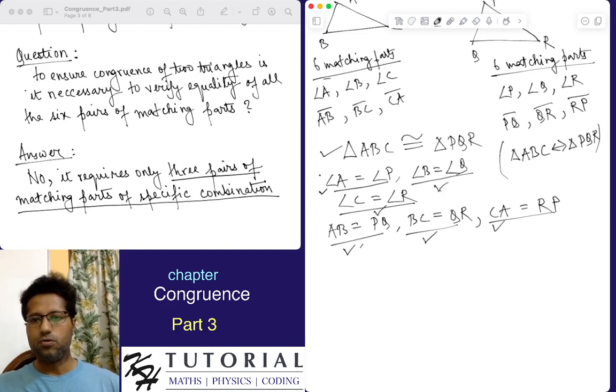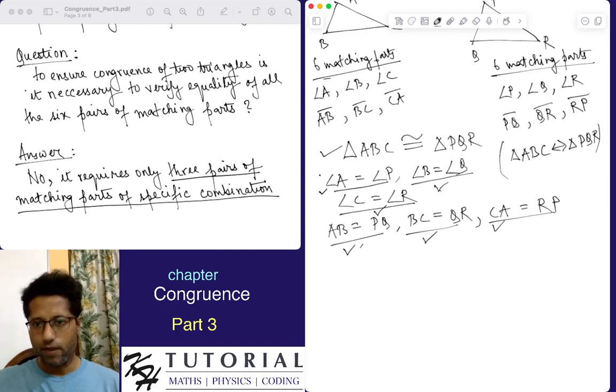If we have to verify that triangle ABC is congruent to triangle PQR, do we have to ensure that all these 6 pairs of matching parts are true?